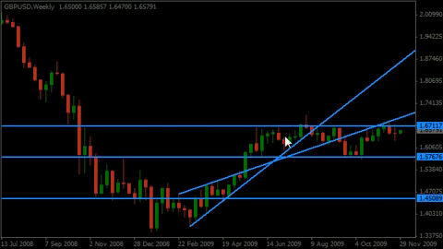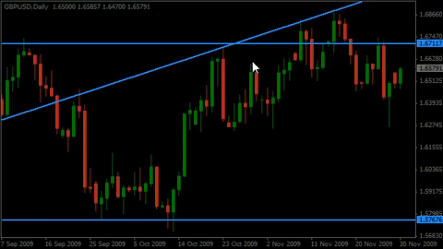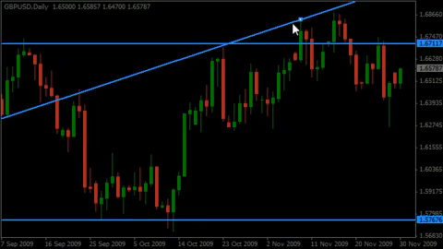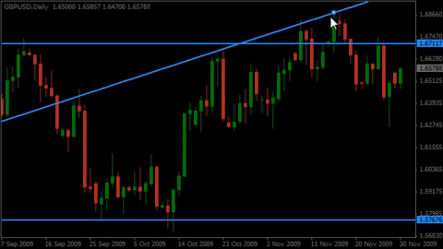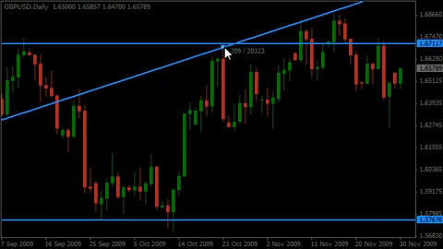Now that we've drawn a few lines there to get an idea, let's go down to the daily time frame. On the daily time frame, we may want to make some small adjustments, like on this one here. We want to get the best number of touches on our line.